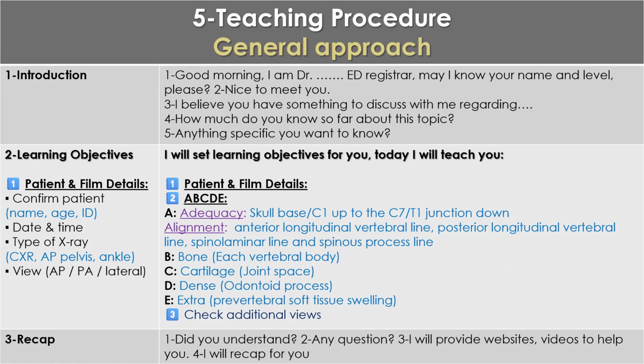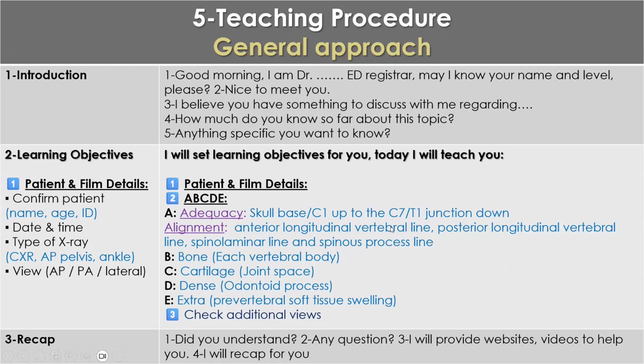Okay, we will start first with the patient film and details. This is called accuracy. So we will check for the patient's name, time, date, type of X-ray, AP view or lateral and PA view. We will confirm the patient identity.